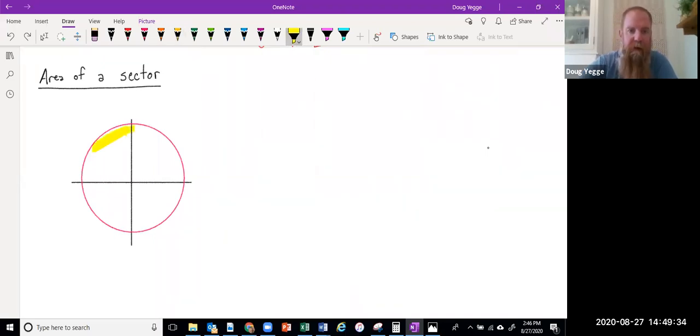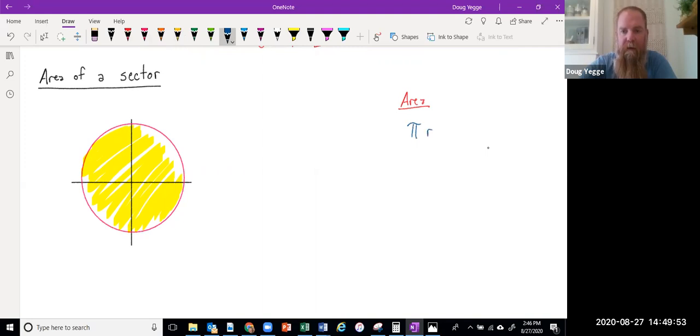Now, if I was to look at the area of the entire circle, you should remember that the area for a full circle is pi times the radius squared. But I'd like you to see a couple of things here about the angle of rotation as well.